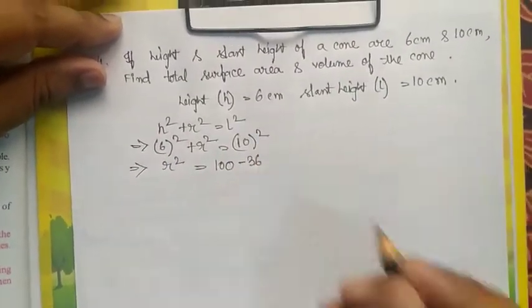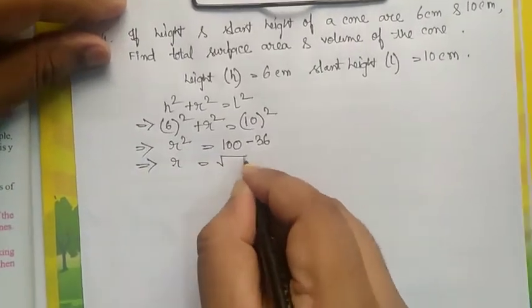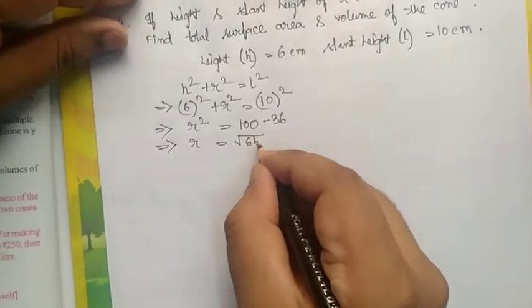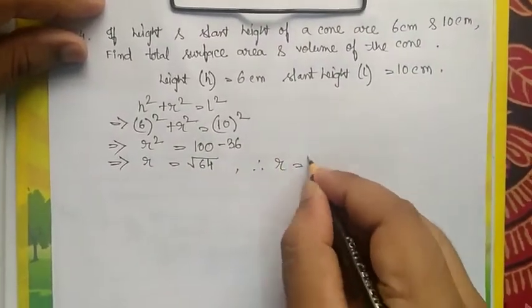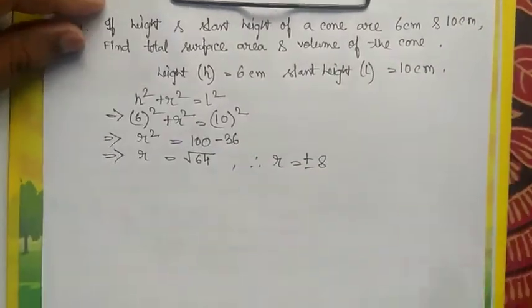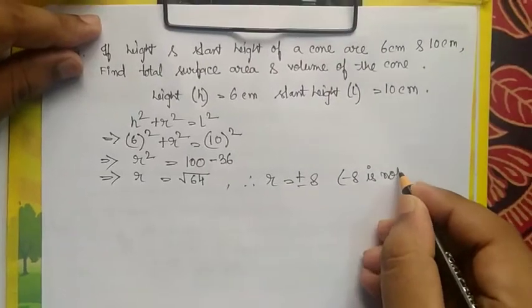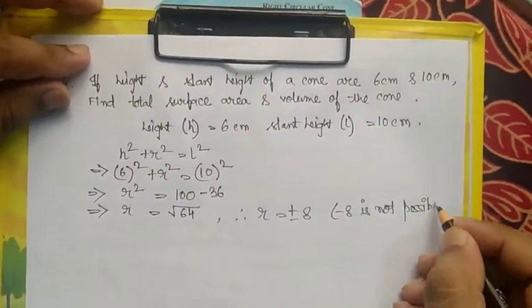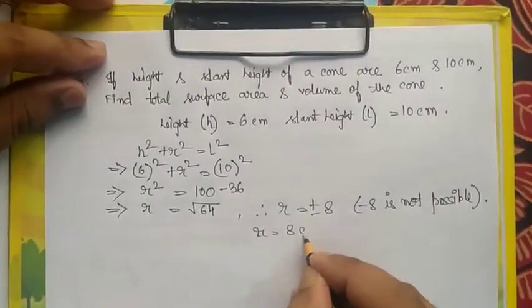So r equals root over 100 minus 36, which means root 64. Therefore r equals plus minus 8. Minus 8 is not possible. So we can write that r equals 8 centimeter.